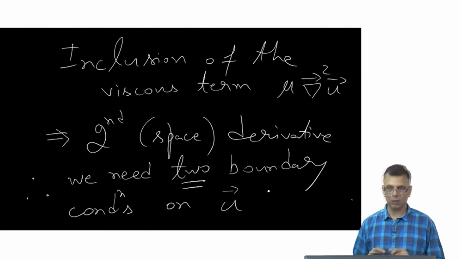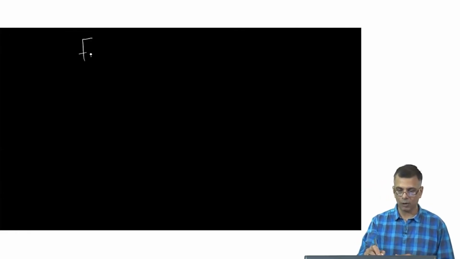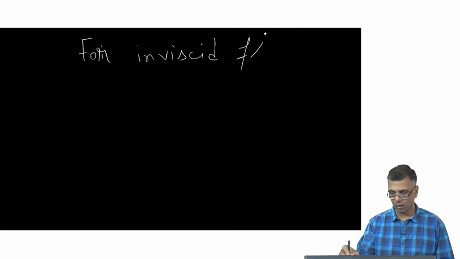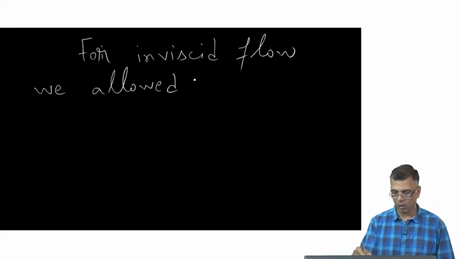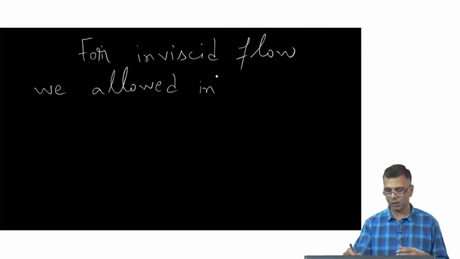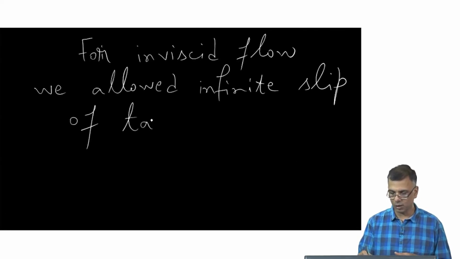You would suspect this in any case, because when we were talking about purely inviscid flow, when we used the velocity potential and derived a velocity from that, we allowed infinite slip of the tangential velocity.